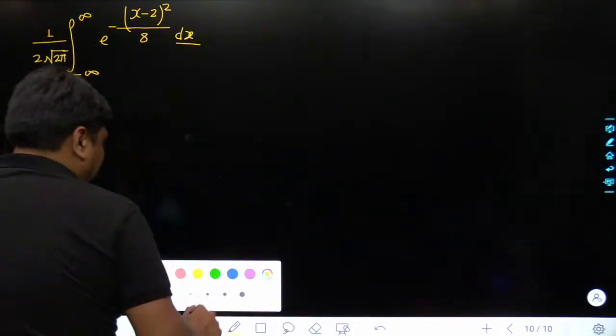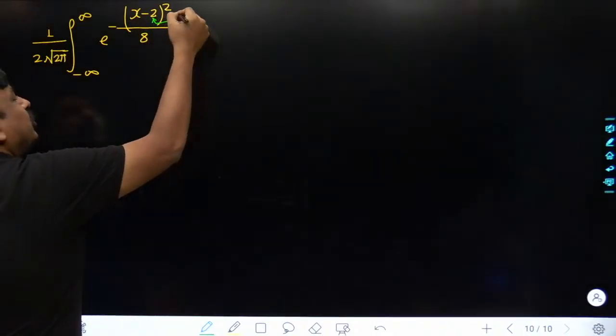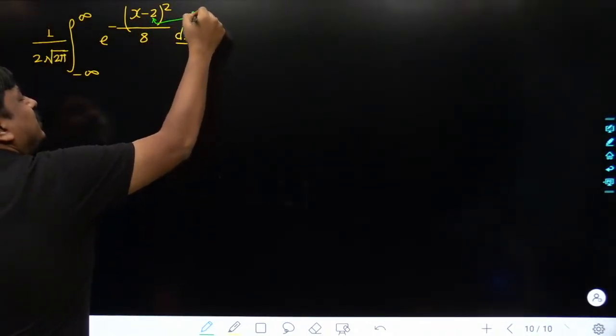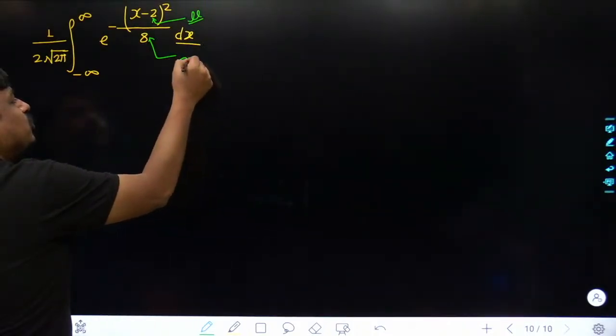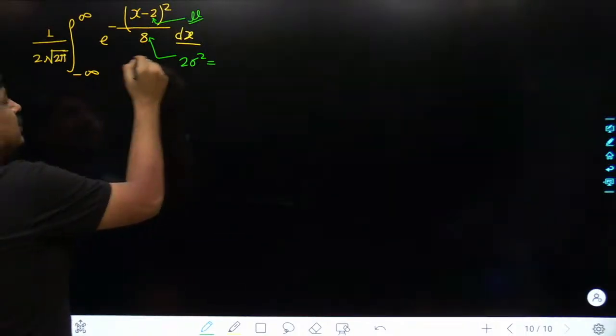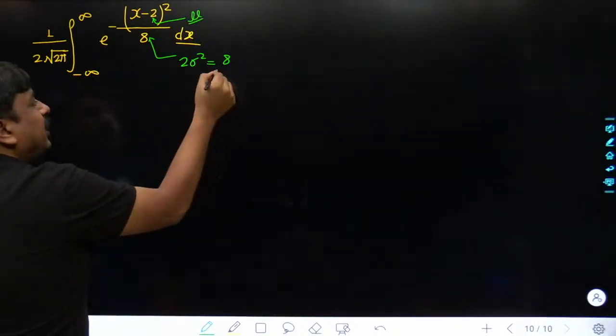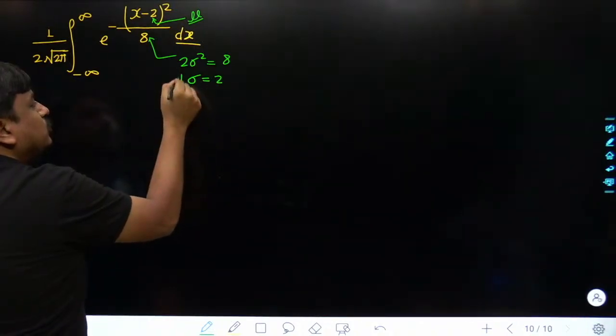See, whenever you have this sort of problem, this minus 2 or plus 2 is not going to make any sense, because it is the worth of mu. It's not going to have any impact at all. Just focus on this term. What is it? It is 2 times sigma square. The worth is 8, and 8 divided by 2 gives 4, so the worth of sigma is found to be 2.